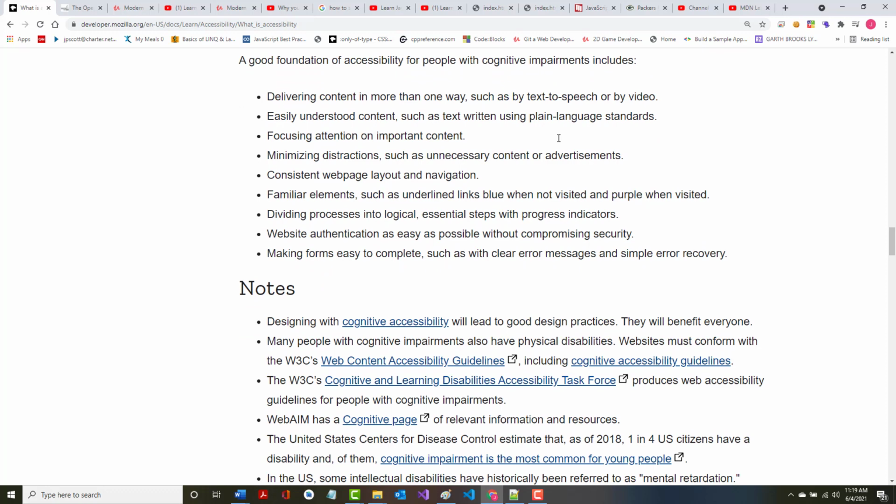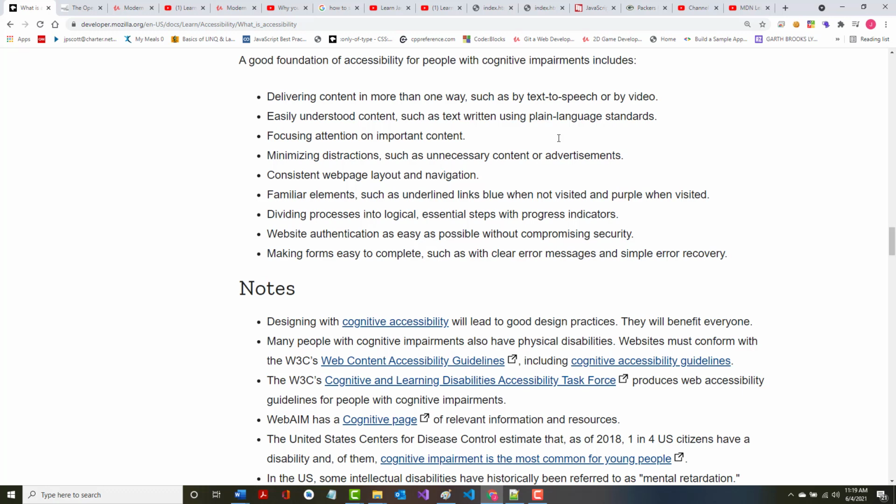You want to provide alternatives, whatever that is. If it's a sight impairment, you want to give them another way of, quote, seeing the content. If it's an auditory impairment, you want to give them another way of, quote, hearing, unquote, the site and what it has to offer.